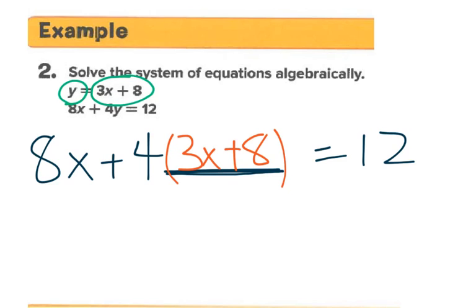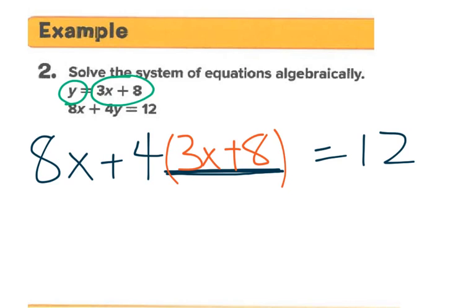Because if they're truly equal, we get to choose which one we use. Just like sugar and Splenda, remember? So if sugar and Splenda are truly exchangeable, then I can either choose to use Splenda or I can choose to use sugar. And if y is truly equal to 3x plus 8, I can either choose to use y or I can choose to use 3x plus 8.